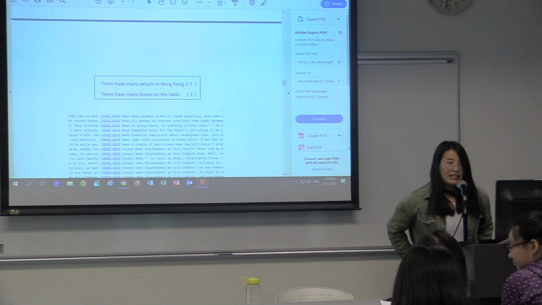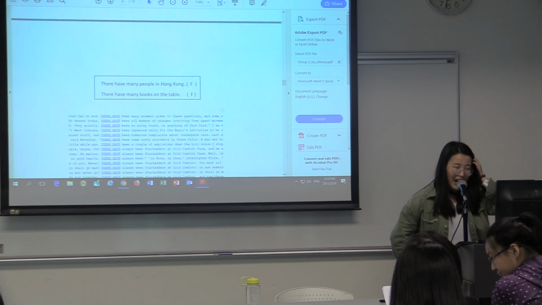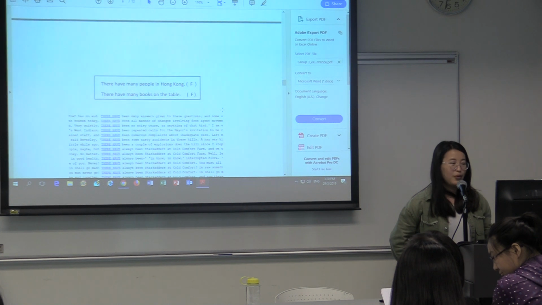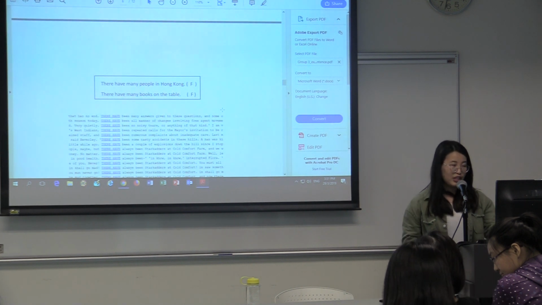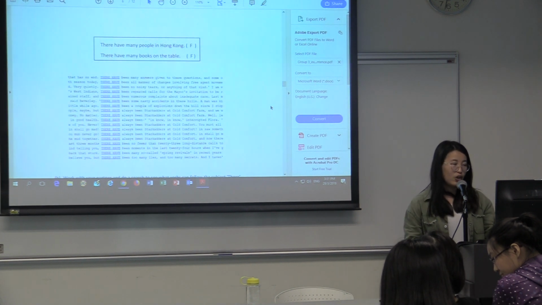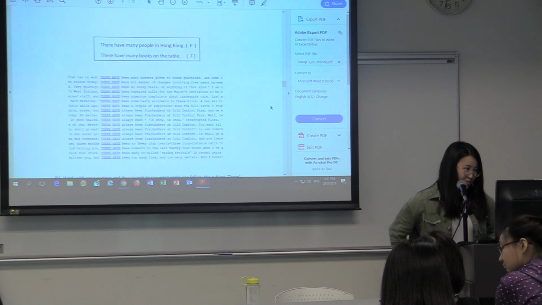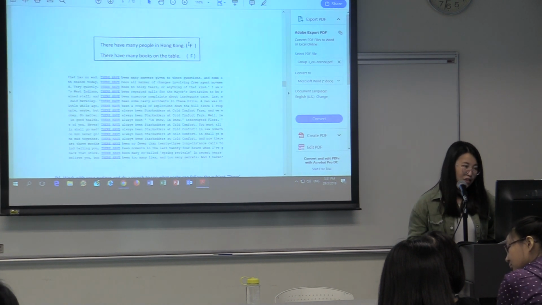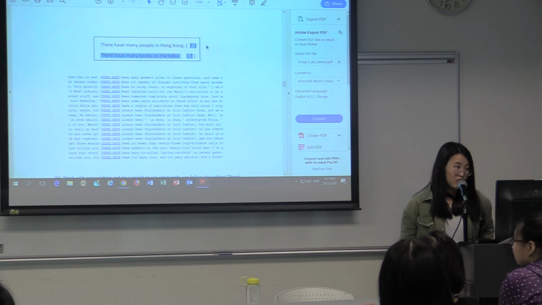Instead of just telling students these kinds of sentences are not acceptable, we would like students to investigate these problems by themselves using the corpus. So these brackets here are actually left for them to fill in after doing the research.